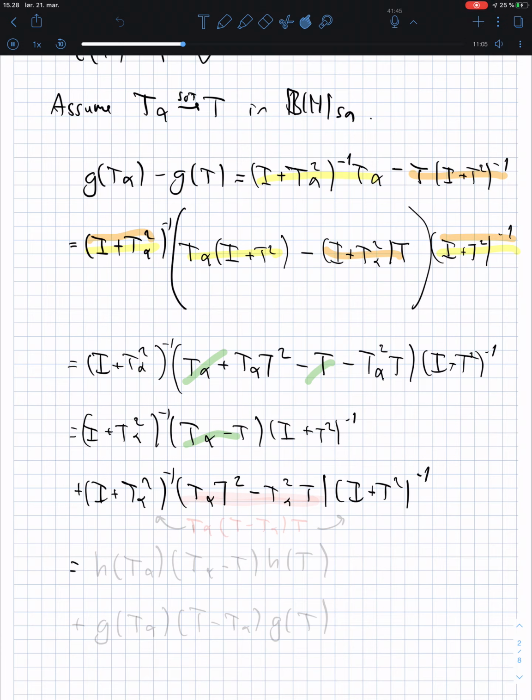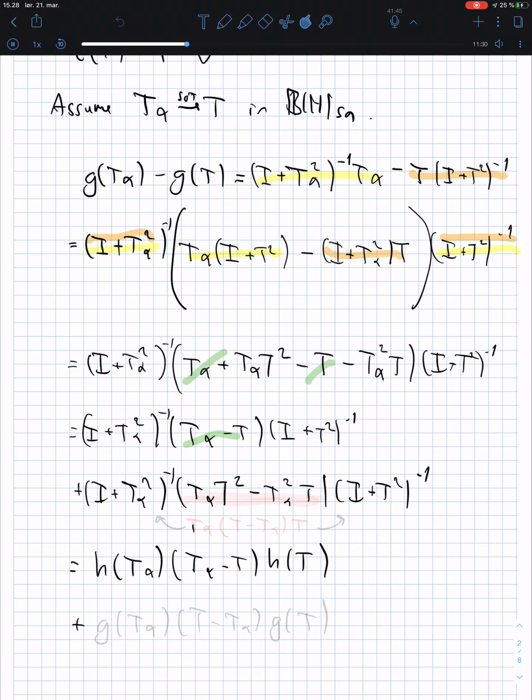Well, if we're remembering the way we defined h, then the first term is h of t alpha, and then I have t alpha minus t, and then I have h of t. Right? But I can also take, so that's just the first term, but I can also rewrite this middle term here.